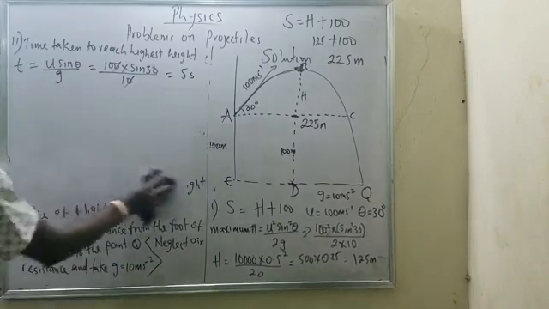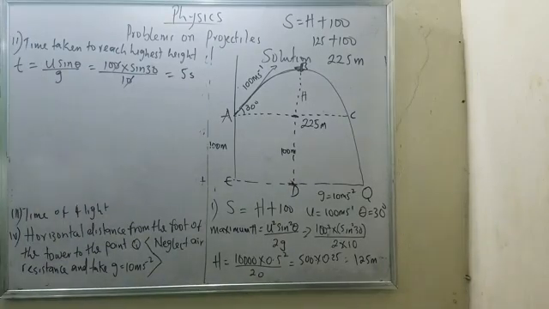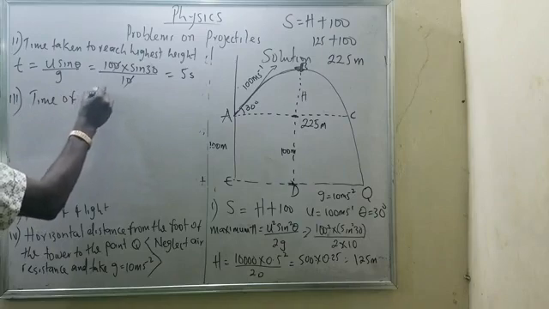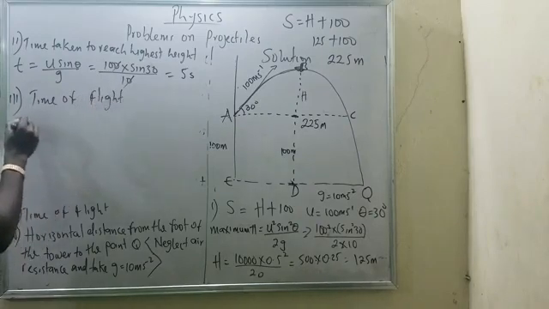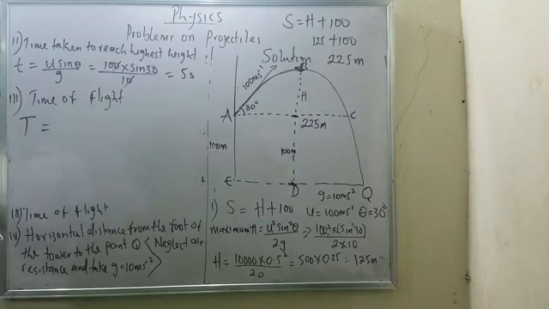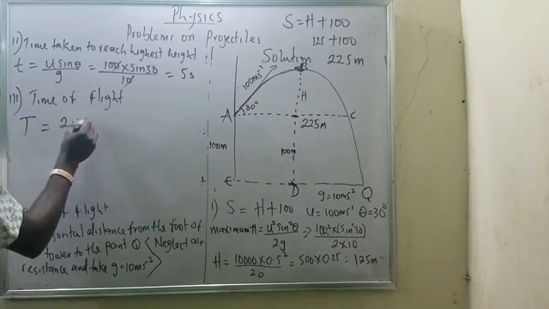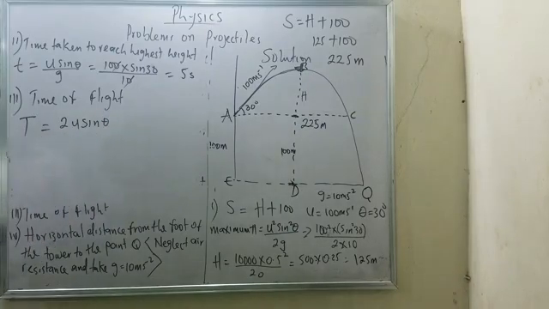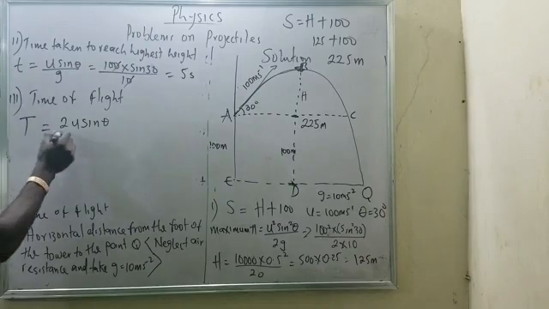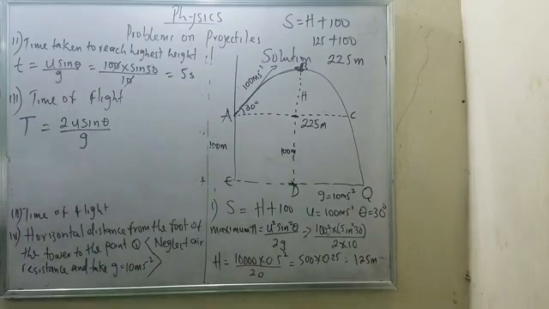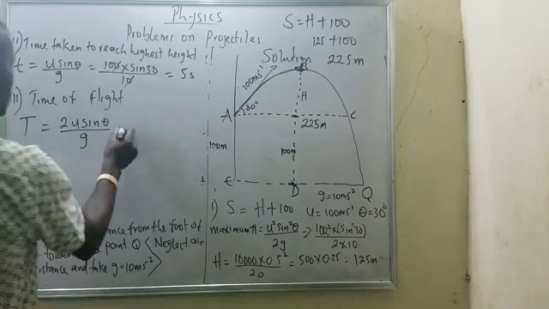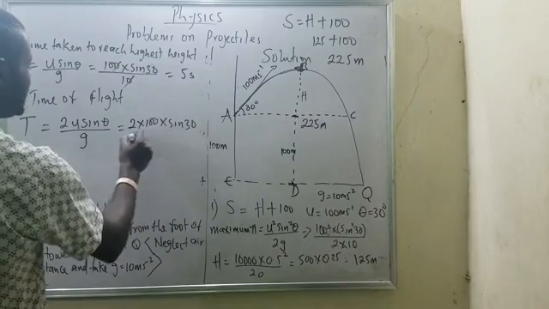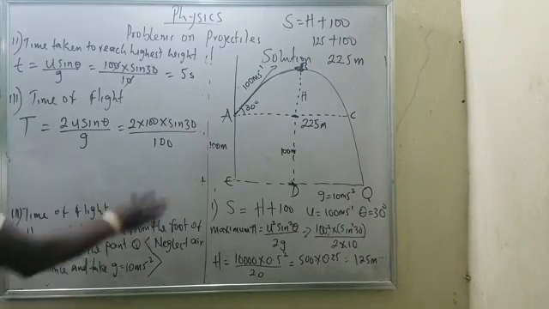Now the next one, which is number 3, the time of flight. Capital T equals 2u sine theta divided by g, which implies 2 multiplied by 100 multiplied by sine 30 divided by 10.